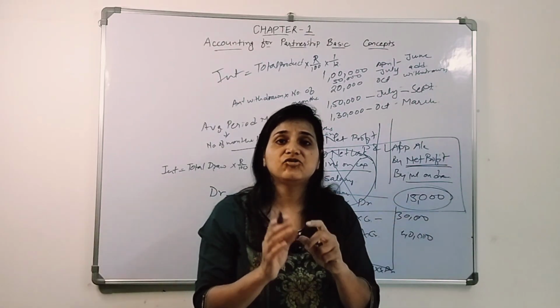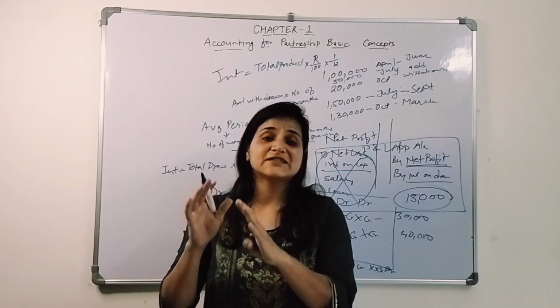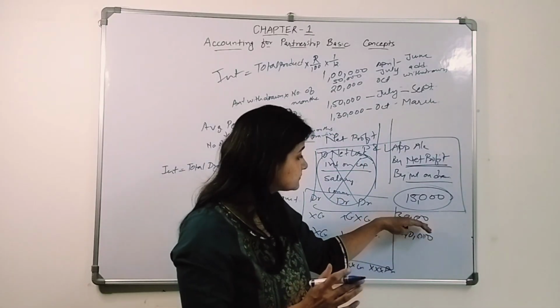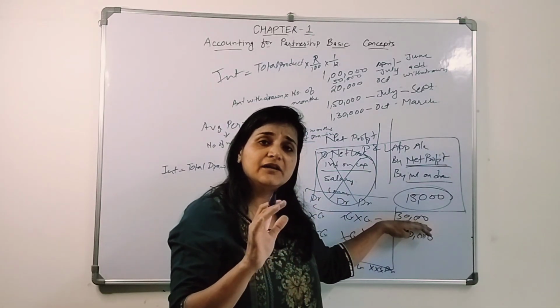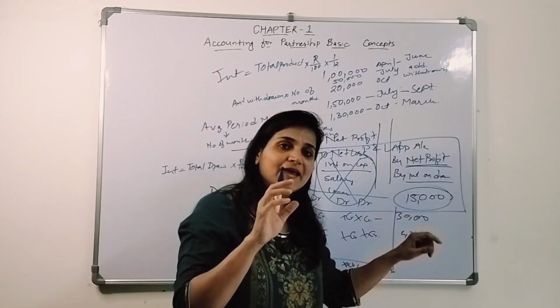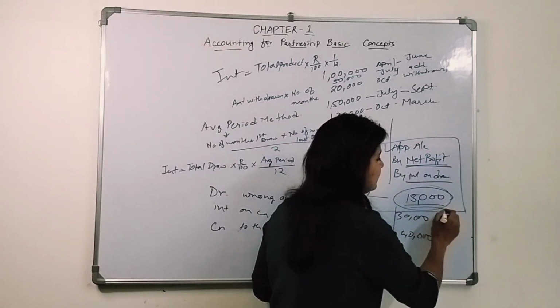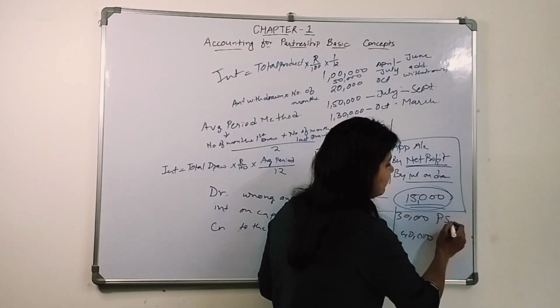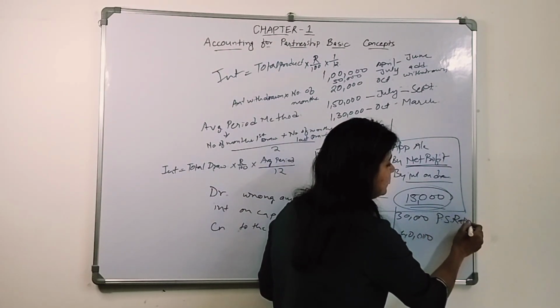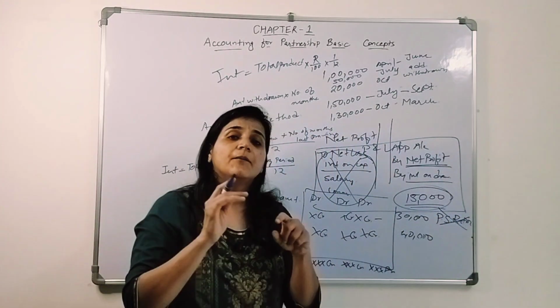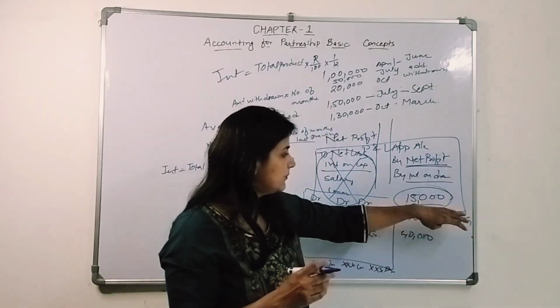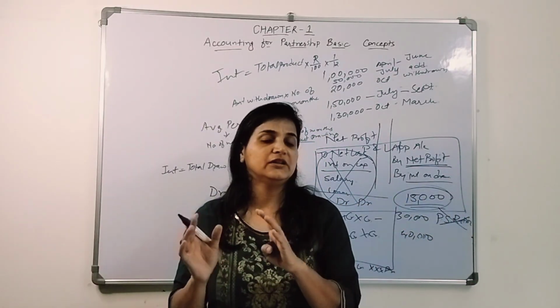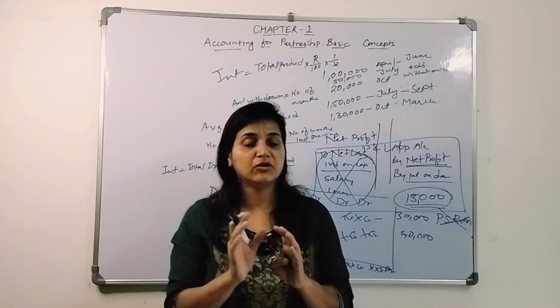In the ratio of the capital invested by the partners, not in the ratio of profit sharing. In the ratio of the amount invested by the partners, this 15,000 will be distributed among the partners.